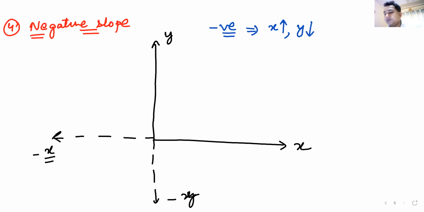Yes, Chaturya, it lies in the fourth quadrant. Here, x is increasing and y is decreasing. It lies in the fourth quadrant. Am I clear?